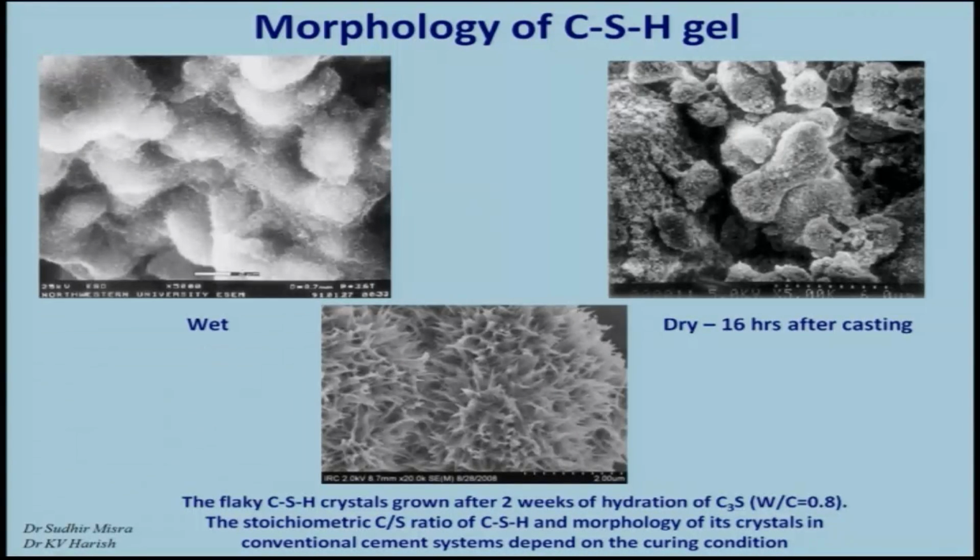So you can see that the morphology slowly changes. In addition, even this morphology is not completely fixed: if the temperature inside concrete changes substantially, water comes out of the system and this again slightly changes.